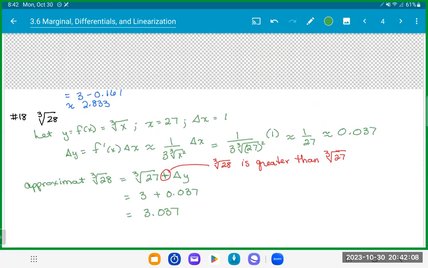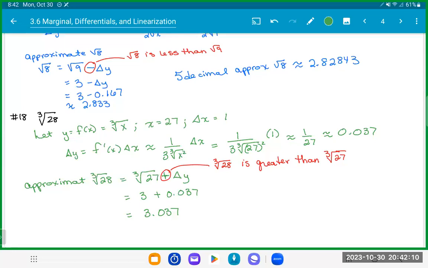So similar to how we did this other example here, if we looked at the 5 decimal approximation of the cube root of 28, you could put that in your calculator as 28 raised to the 1 divided by 3 to get the cube root.